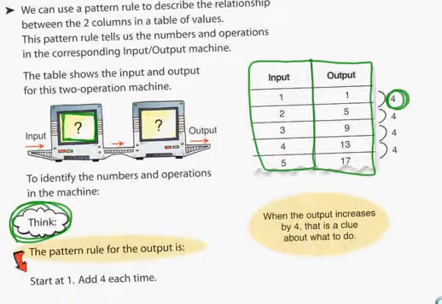So if I have an input of 1, my first input, I'm going to get an output of 1. That's my end result. And it goes up by 4 each time. So I've got to try and figure out what's going to happen here. What operation could I put in there?